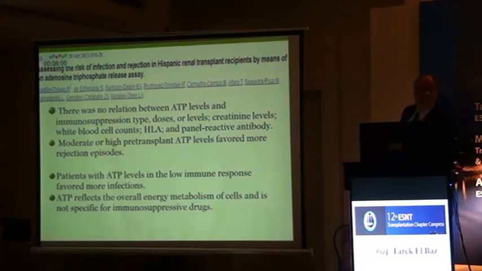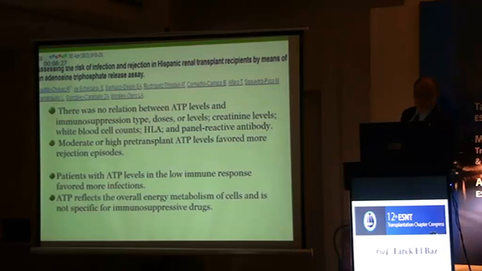In this research, they tested the levels of ATP. ATP is very important, and you notice that the cell is consuming energy and it's active. The authors here found that the levels of ATP and immunosuppression, whether drug type, dose or creatinine level in white blood cells, were not affected at all, but patients with low ATP levels, indicating a low immune response before transplantation, favored more infection.